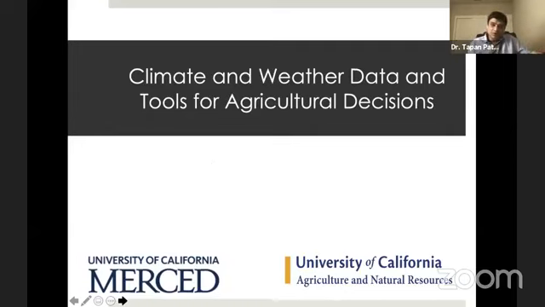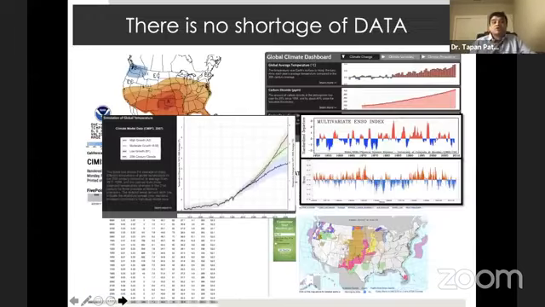So we talked about the impacts and trends. I also wanted to briefly mention one of the potential adaptations to those climate and weather related risks, which is how effectively we can use climate and weather information in strategic agricultural decision making processes. When you think about the United States or any other country, really, there is no shortage of data.